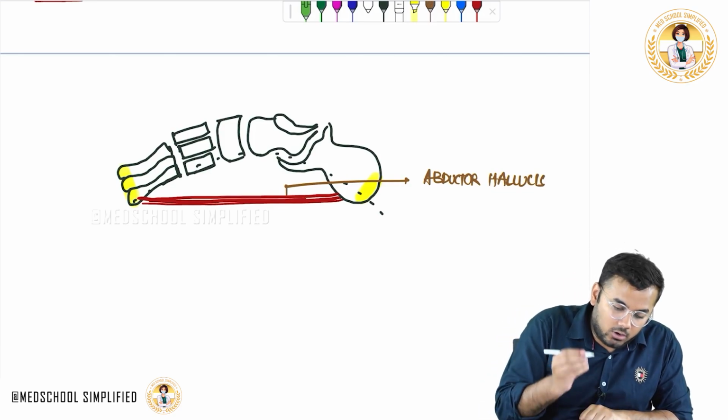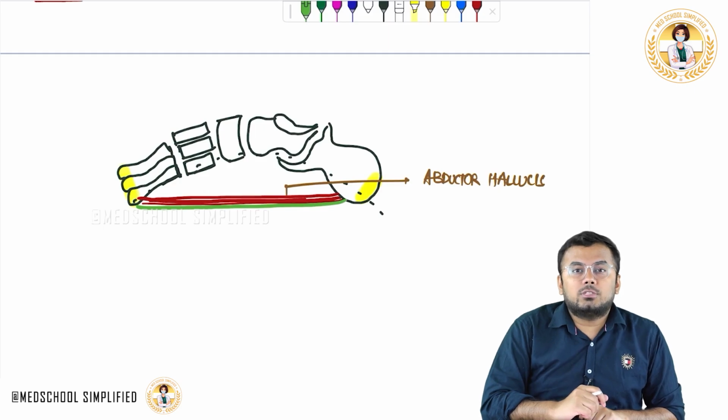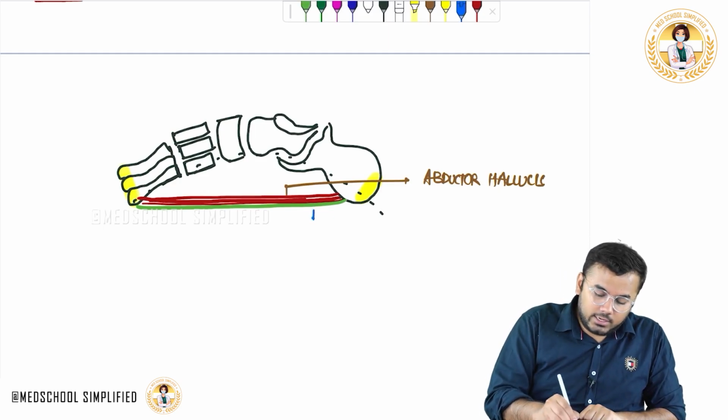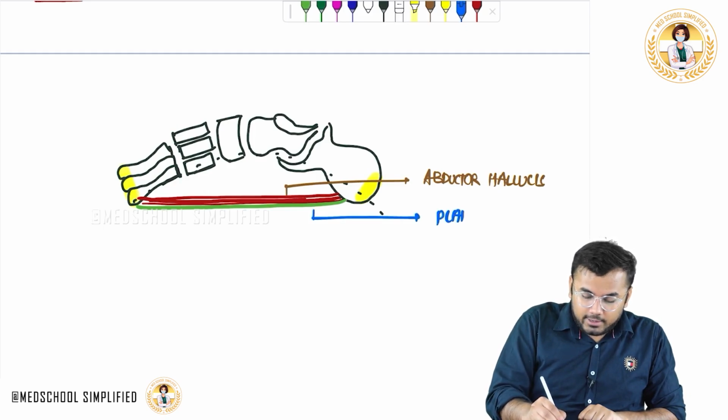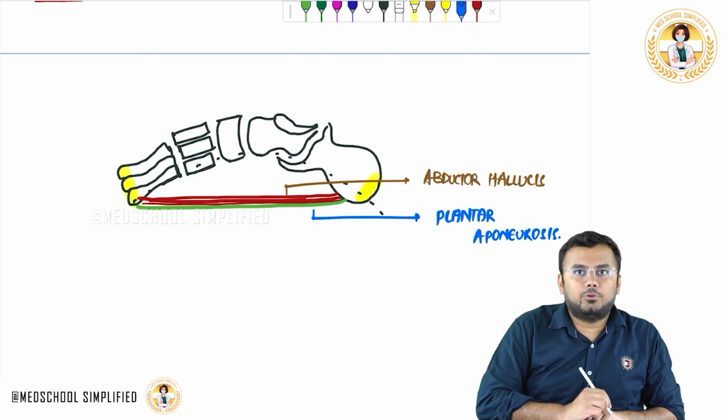Second important thing, not only abductor hallucis, just beneath here we discussed the plantar aponeurosis, the central part which is very thick, right? So this one over here is called your plantar aponeurosis.